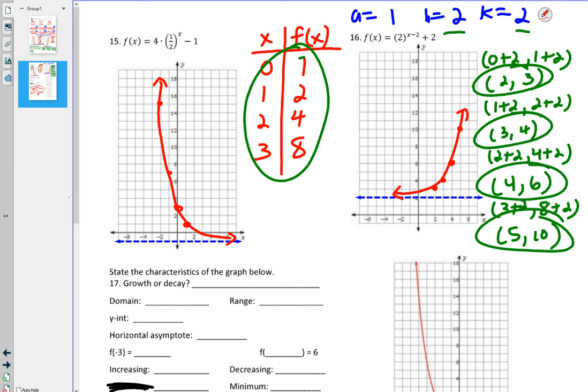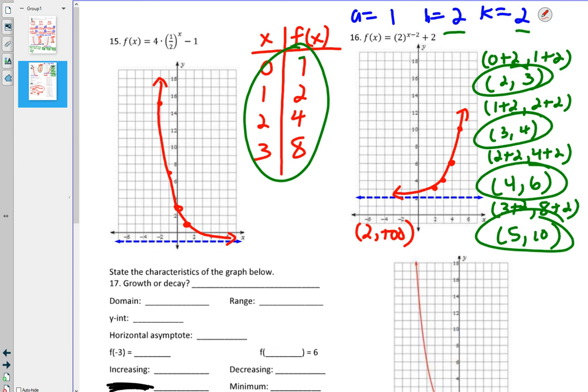Definitely not less than 2, because the graph is above the 2 this time. So you can say y greater than 2, that will be fine, if you did it that way. In interval notation, the range here would be, Caleb, you were asking about this, 2 to positive infinity. It's above it.